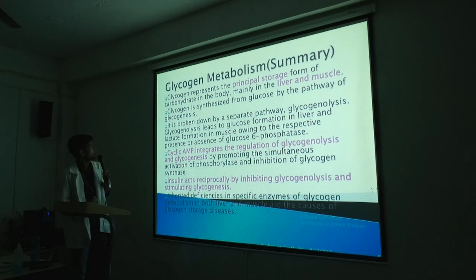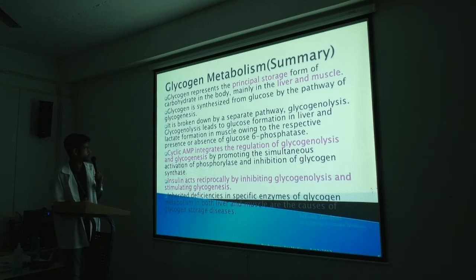Summary, glycogen metabolism. Glycogen represents the principal storage form of carbohydrate in the body, mainly in the liver and muscles. Glycogen is synthesized from glucose by the pathway of glycogenesis. It is broken down by a separate pathway, glycogenolysis. Glycogenolysis leads to glucose formation in liver and lactate formation in muscle, owing to the respective presence or absence of glucose 6-phosphatase.